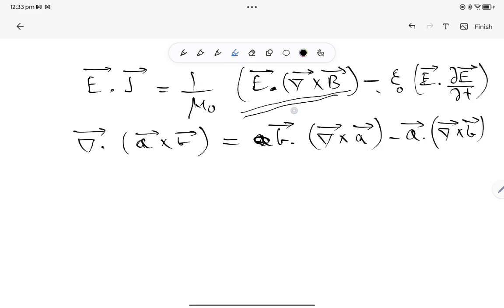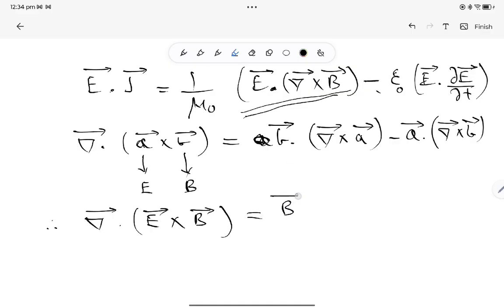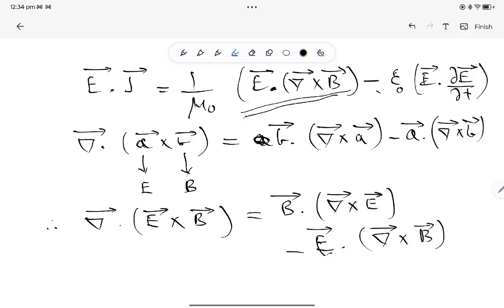We will find this term here by realizing that if we treat A as E and B as the magnetic field B, then this will be del dot E cross B is equal to B dot del cross E minus E dot del cross B. You can see now this last term is the term that we are looking for.